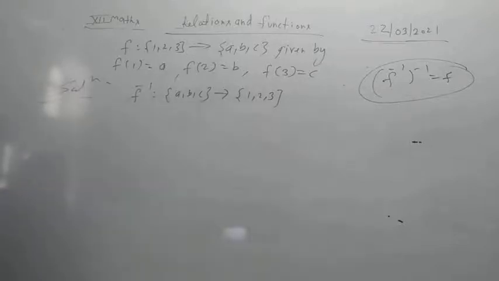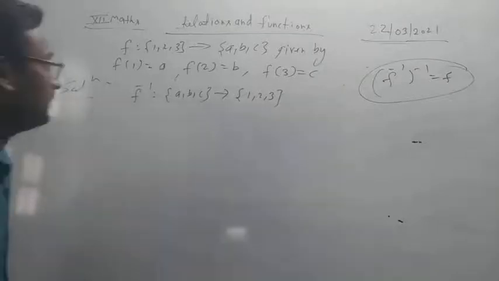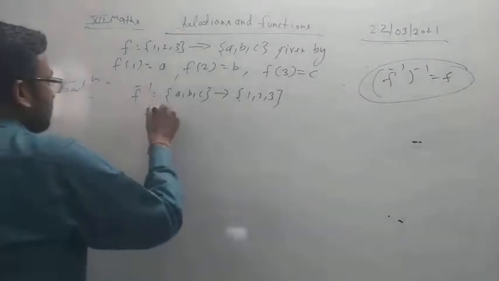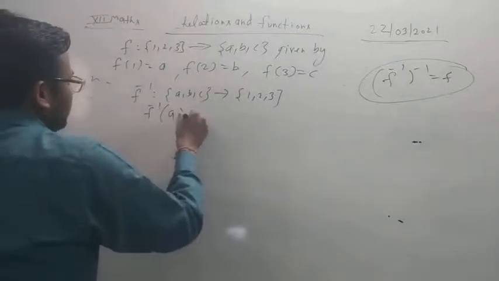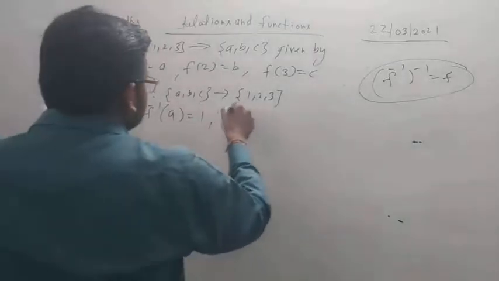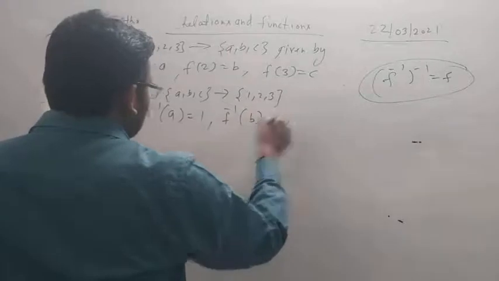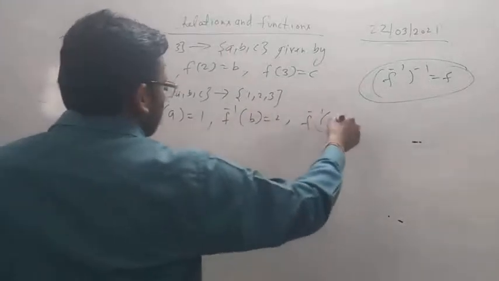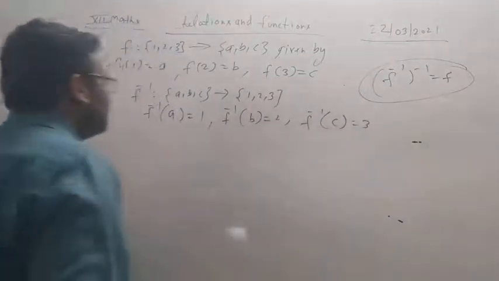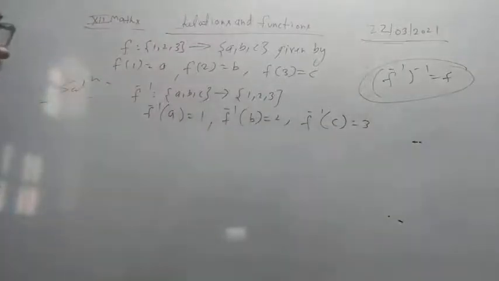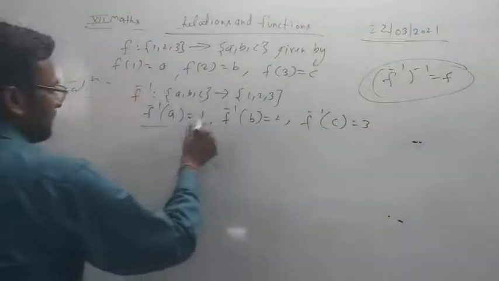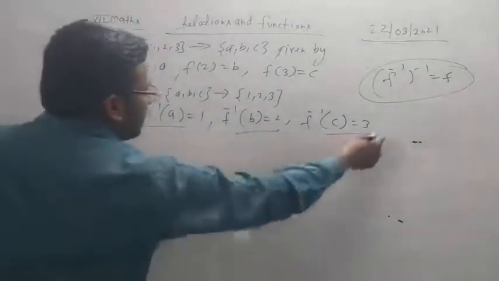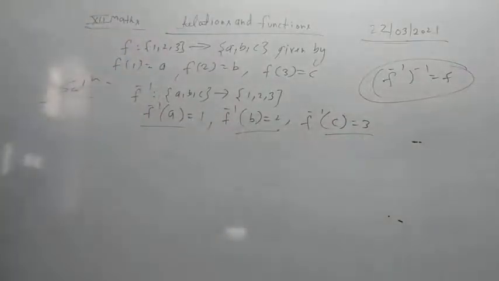So this we can write: f inverse of A is equal to 1, f inverse of B is equal to 2, f inverse of C is equal to 3. Okay, so our f inverse is this. So students, we have got our f inverse.